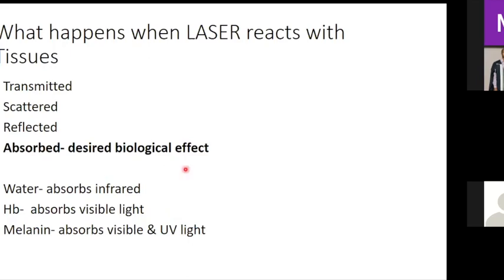We know that most of our body is made of water. Water absorbs more infrared, hemoglobin absorbs more visible light, and melanin absorbs both visible and ultraviolet light.